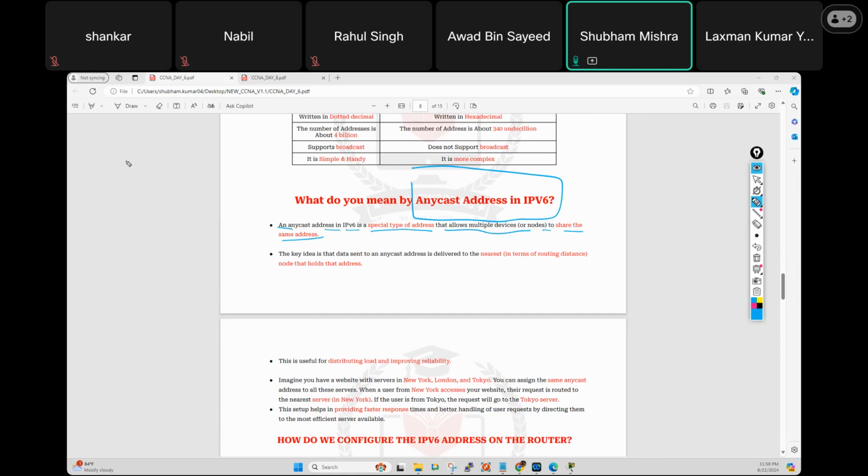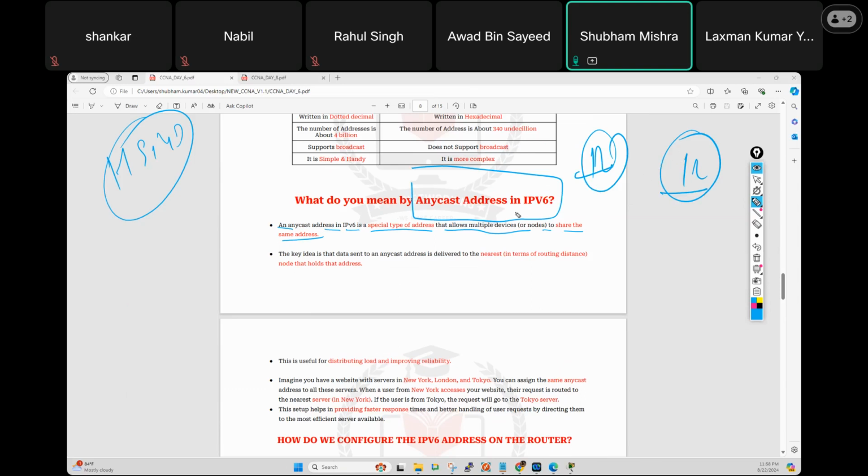For example, in IPv4 there is one concept, one protocol. This is a CCNP concept, guys. In CCNP, basically we see these things, HSRP. For example, this is the router, and generally we configure one IP address. This router also understands this IP address, and this router also understands this IP address.